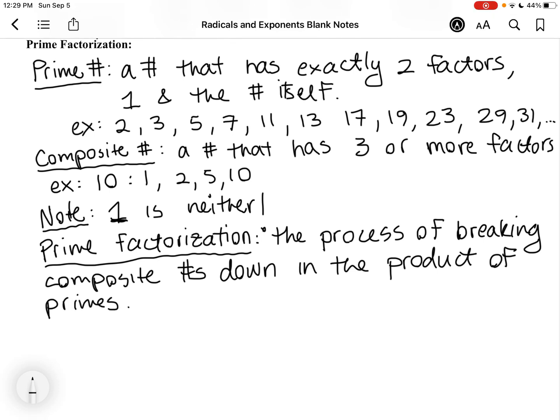You can think of prime numbers actually as like building blocks, almost like little Lego pieces.